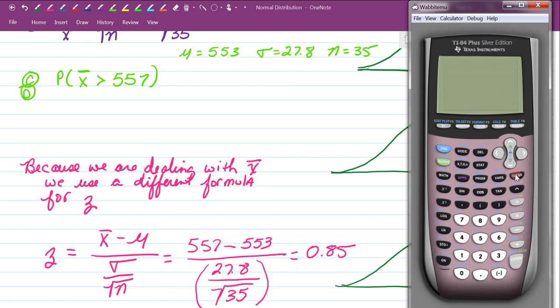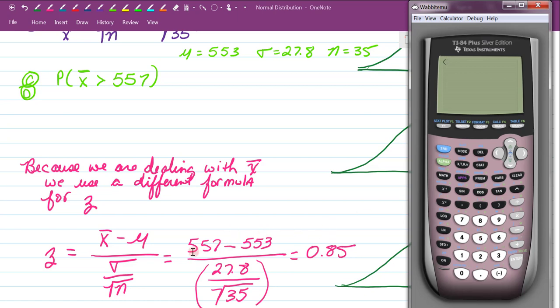So here is the TI-84 being used for this. I would open up with parentheses because I want this numerator to be captured very clearly.